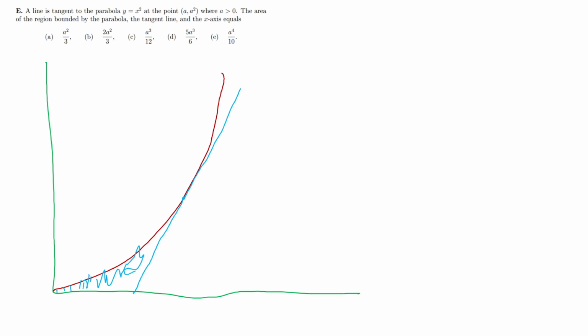So what we want to do is work out the area underneath the parabola, and then we want to subtract the area underneath the tangent, the line between the tangent and the x-axis, which is here.